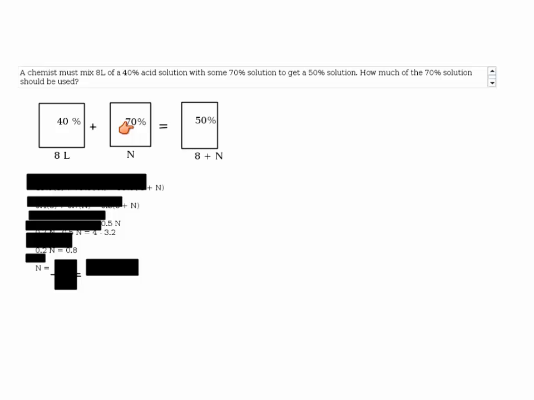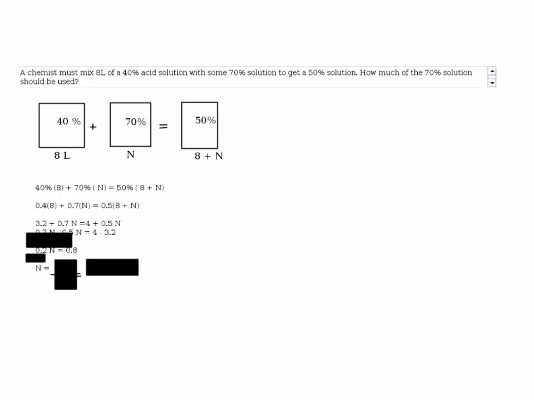So in this case, we would have 40% times 8 plus 70% times N is equal to 50% times 8 plus N, and you already converted to decimal. You're absolutely right.